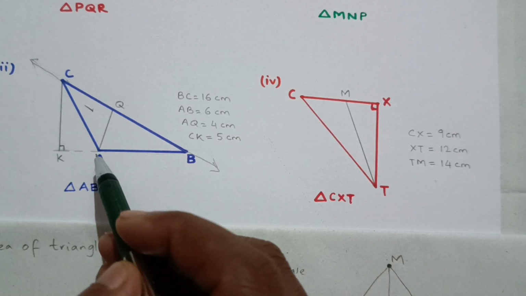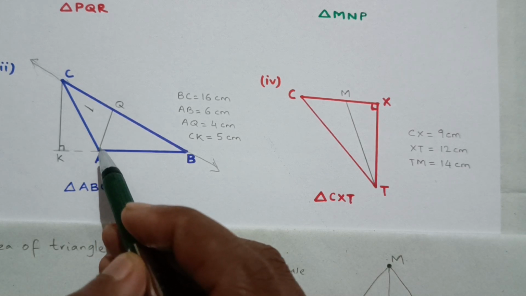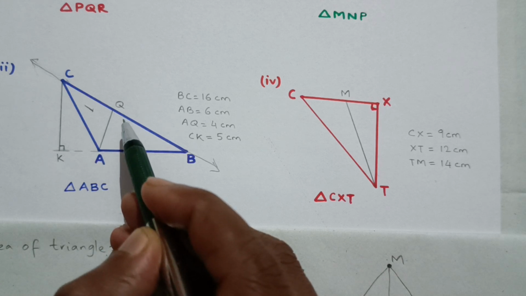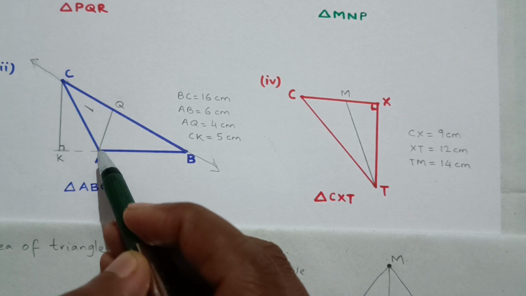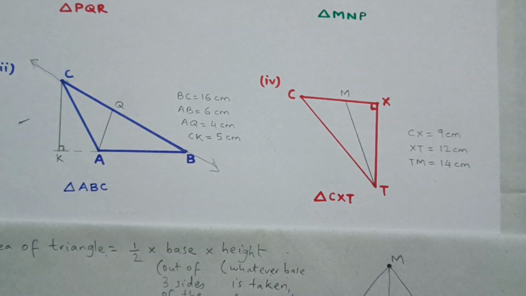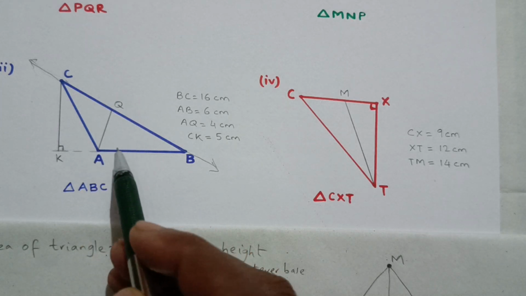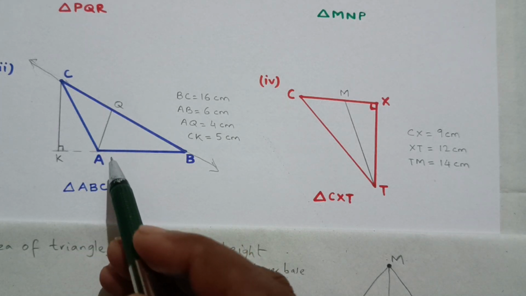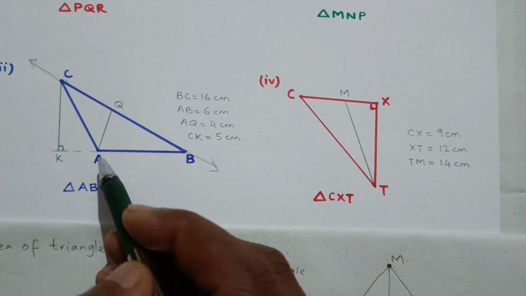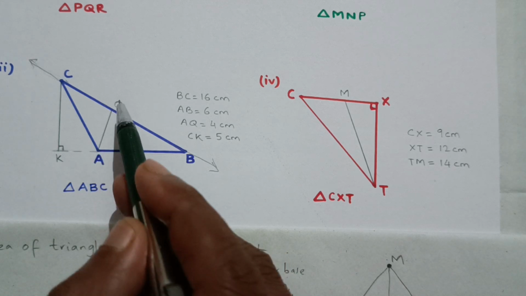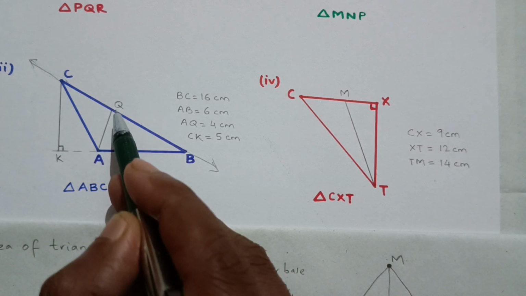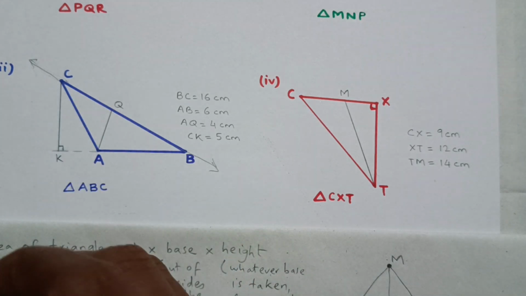So the height will be the line segment which starts from A such that it meets BC at 90 degrees. But in this given diagram, no such line segment has been drawn. Now AQ is just a line segment, but it is not the corresponding height for base BC because AQ doesn't meet BC at 90 degrees.